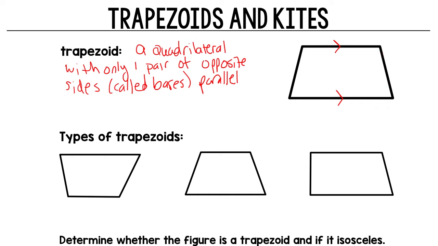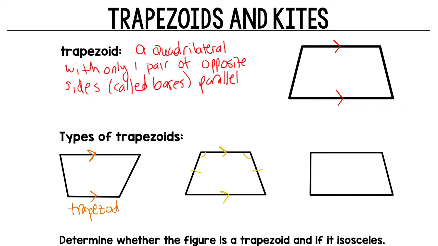There are three different kinds of trapezoids. There is this guy that only has the parallel bases, and that is just a normal run-of-the-mill trapezoid. And then there's a trapezoid where these two bases are opposite, and the other two opposite sides are congruent, and the two angles that are on either side of each base are congruent to each other.